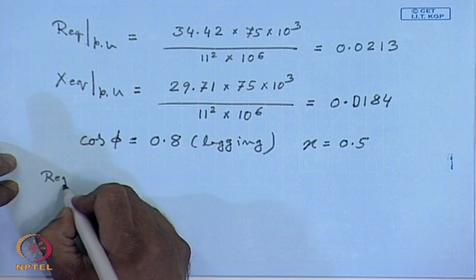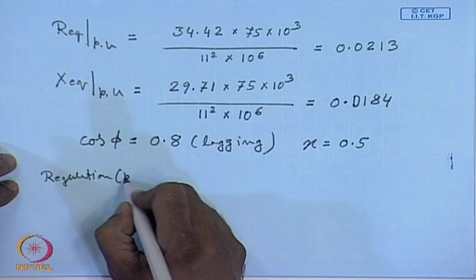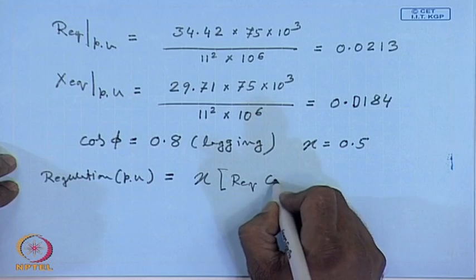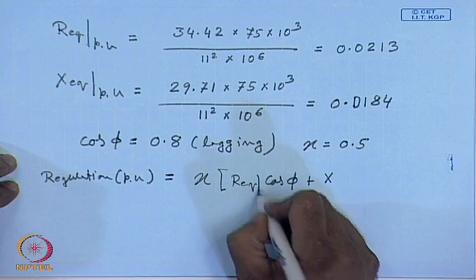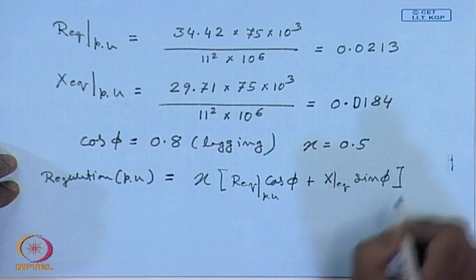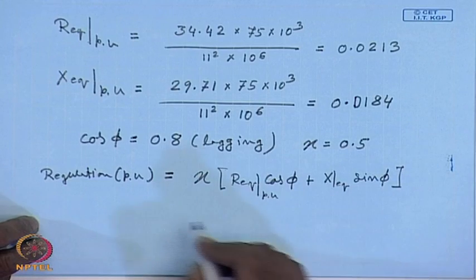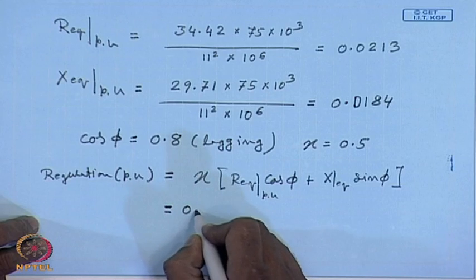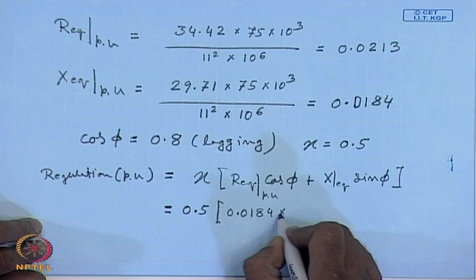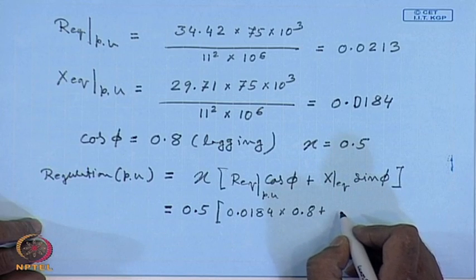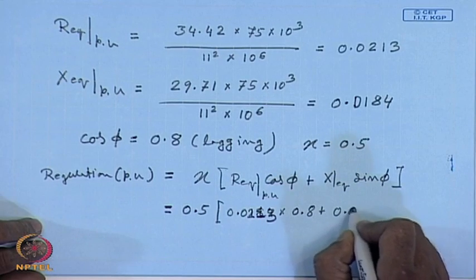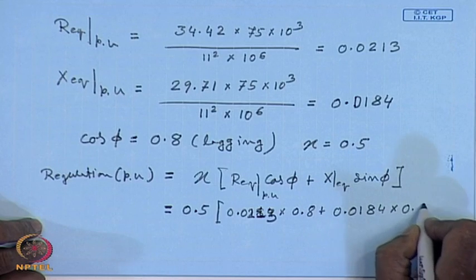So, regulation per unit should be equal to x into Req per unit cos phi plus Xeq per unit sin phi, equal to 0.5 into 0.0213 into 0.8 plus 0.0184 into 0.6.